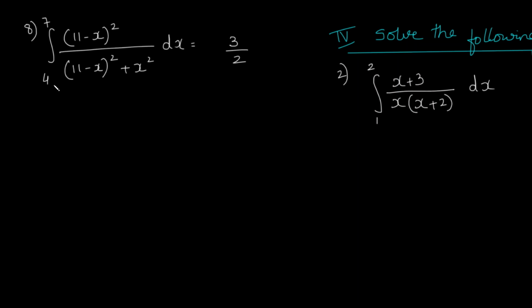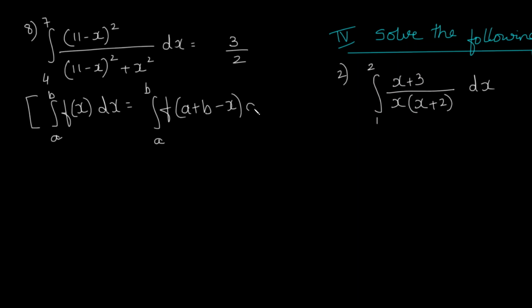The 8th question: integral 4 to 7 of (11 minus x) whole square upon ((11 minus x) square plus x square) dx is equal to 3 by 2. We are going to see whether this is true or false. Now we know a property whereby the integral from a to b f(x) dx can be written as integral from a to b f of (a plus b minus x) dx, isn't it?